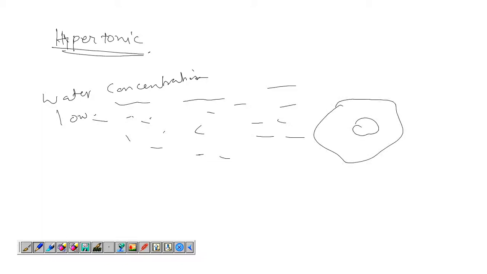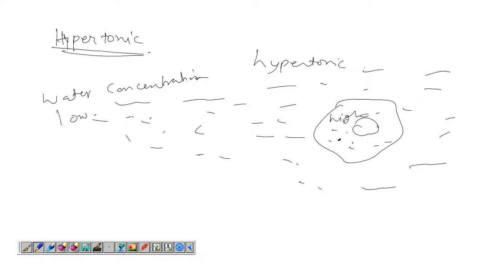Cool. Now the third type of solution is called hypotonic. In this type of solution, the water concentration is low, and if the outer environment solution is of this type, it means the water concentration inside the cell is high, and that outside the cell is low.